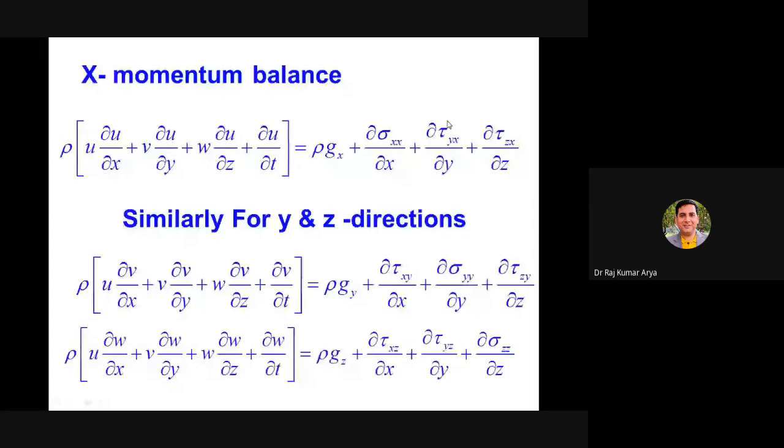Now I want you to do that. Everybody take out the notebook and try to substitute there. In this equation, substitute the value of sigma xx, substitute the value of tau yx, substitute the value of tau zx, and let's see what comes. Just solve only this side, the left side one. The right side would be as it is because that is not going to change. Simplify this.